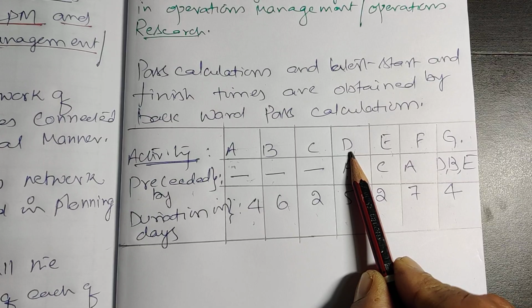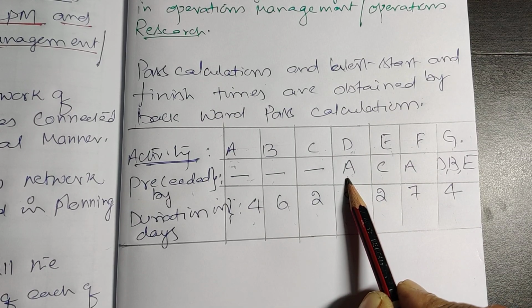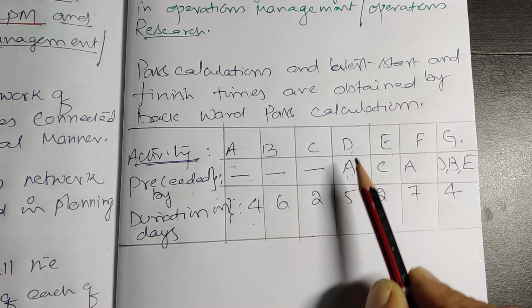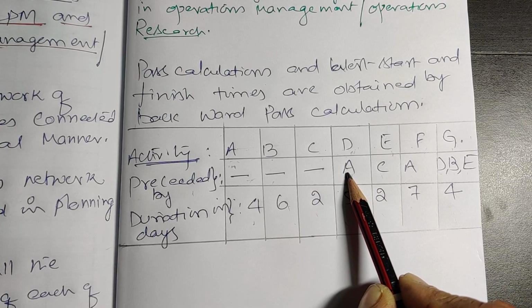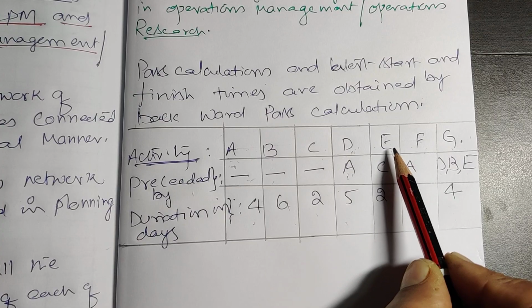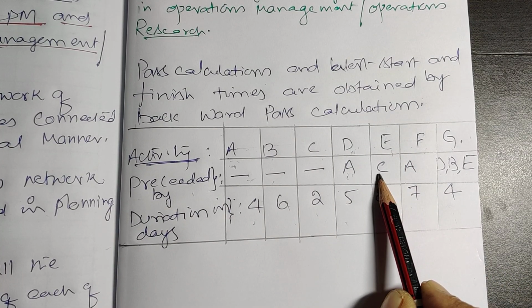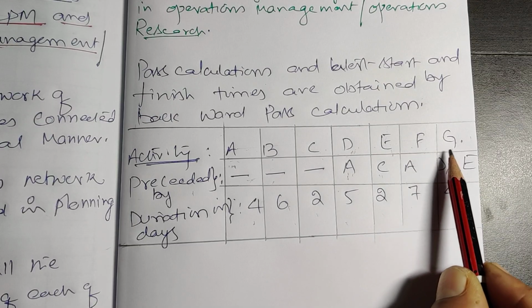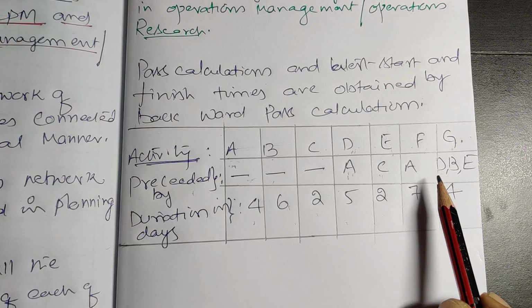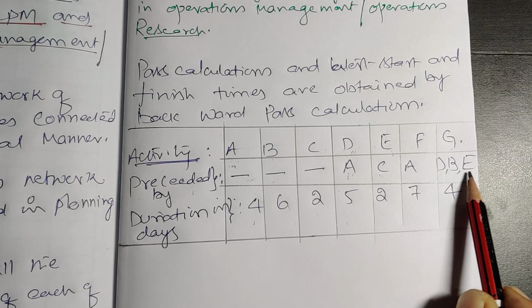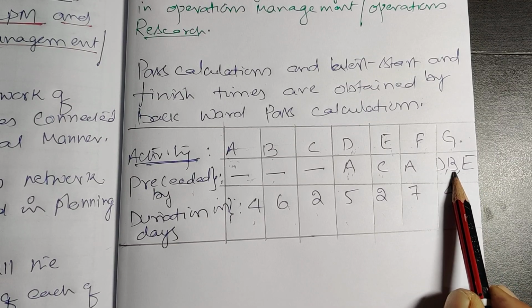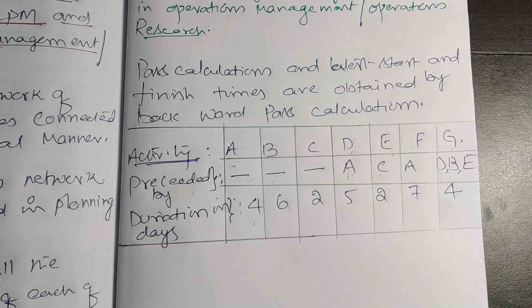But D can be started only when A is completed. So D is dependent on the completion of A. Similarly, E is dependent on the completion of activity C. Here, activity G is dependent on the completion of 3 activities D, B, E. That is the meaning of independent and dependent activity concept.